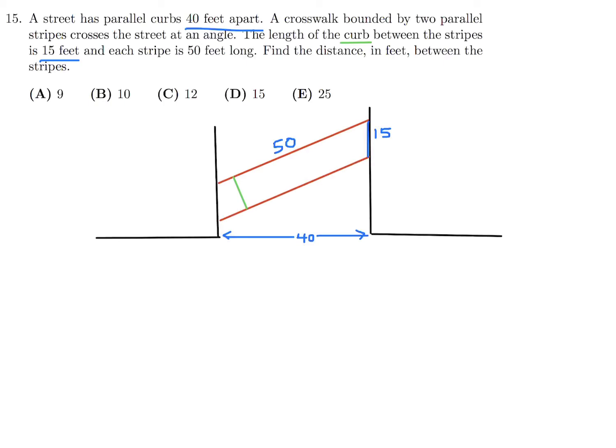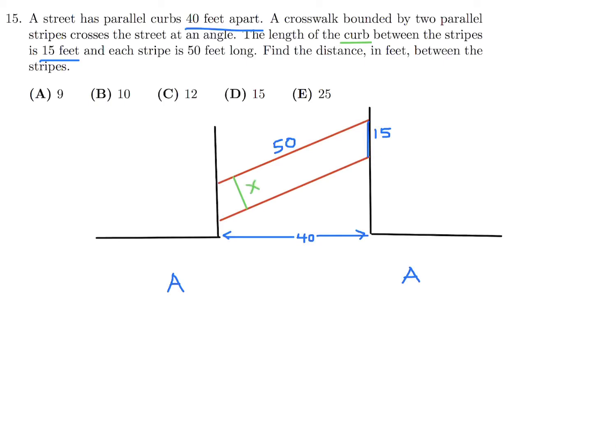All right. Okay, let's proceed with this. So the first thing I notice is that you've got this parallelogram type shape that I've drawn in with the red. And that parallelogram, we can figure out the area in 2 different ways. And that should help us figure out this value that I drew in green, which I will call x.